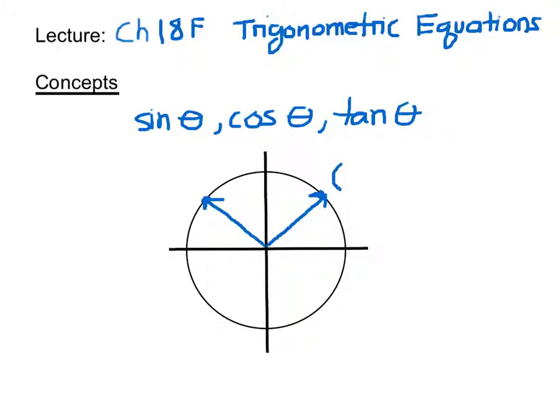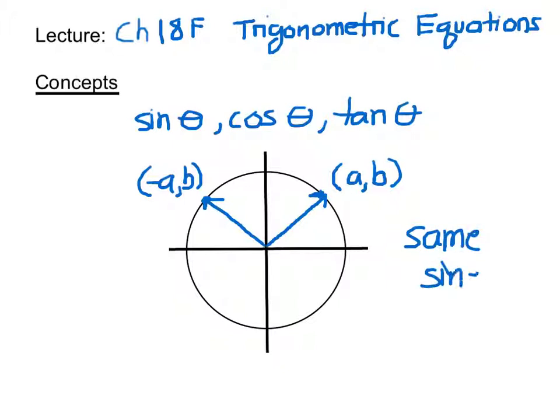The first point has coordinates A and B, and the second point has coordinates negative A and negative B. Remember that these 2 points are going to have the same sign because they both have the same y coordinate. We have the same y coordinate, so we have the same sign.